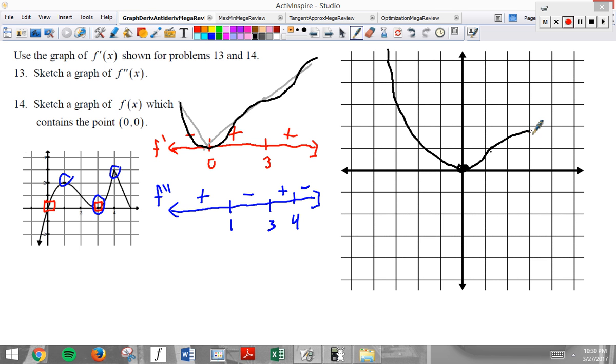Concave up increasing with a terrace point there. Concave down increasing with the dot. That's good enough. Should be smoother. Just like that.